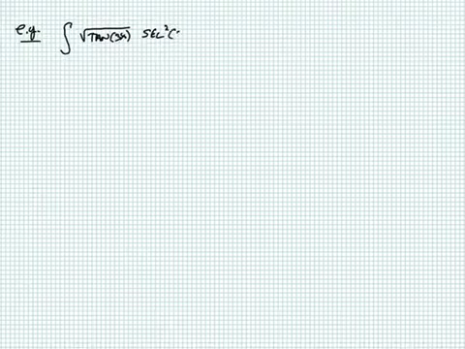I'm trying to put trickier ones on here to help you in the long run. So let's look at the antiderivative of the square root of tangent of 3x times secant squared of 3x dx. Okay, so when you look at this, again, we're looking for what form we want to use. Now, if the square root was not here, I could just use the trig rule, not a problem.